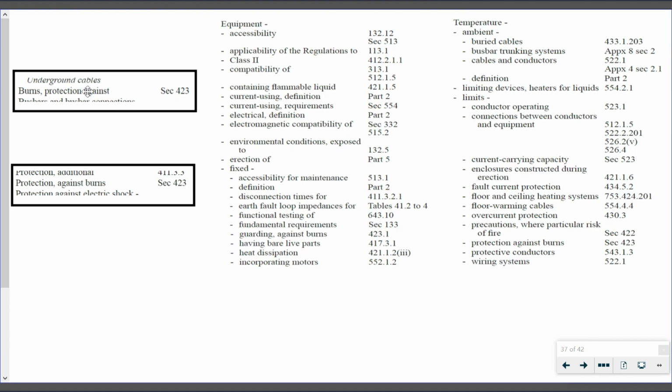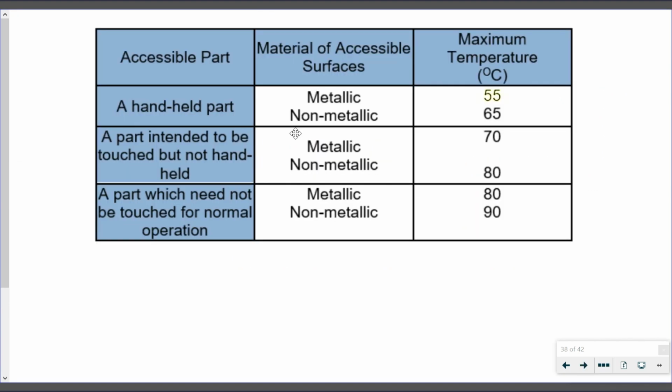You could go into burns, protection against, which takes us to section 423, or you could look at equipment, fixed equipment, guarding against burns, 423.1, or you could go to temperature limits, and we've got protection against burns, again taking us to section 423. So there are multiple ways in which you can find the answer. When you get into section 423, you'll see for a handheld part, metallic, the maximum temperature is 55 degrees C in the table.